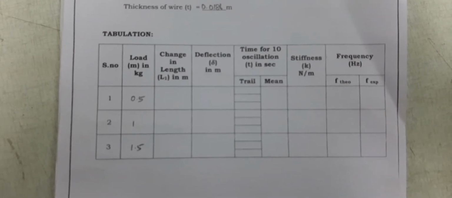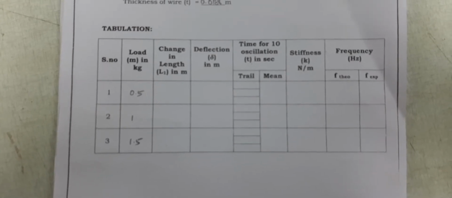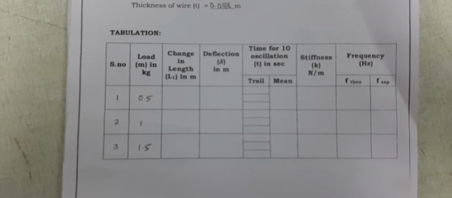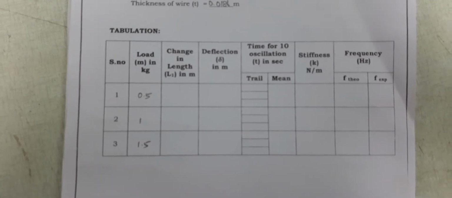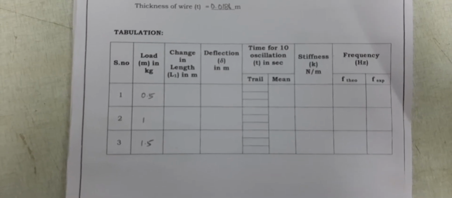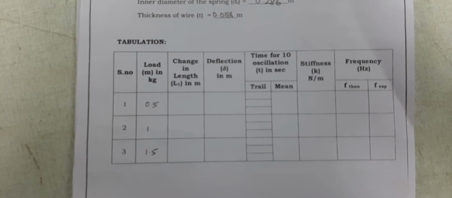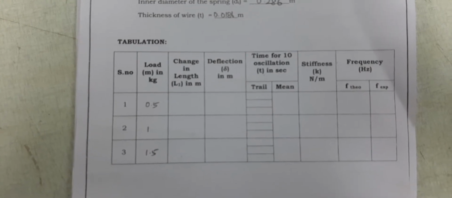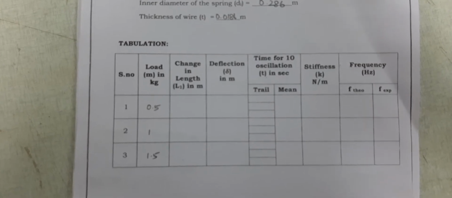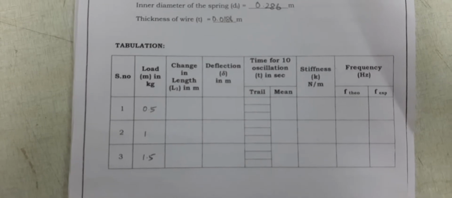Now we are going to see the tabulation of this experiment. Here we are using three types of loads: 0.5, 1 and 1.5 kg. After we apply the 0.5 kg, the length is going to change. At exactly 0.5 kg, we note the deflection that occurs.